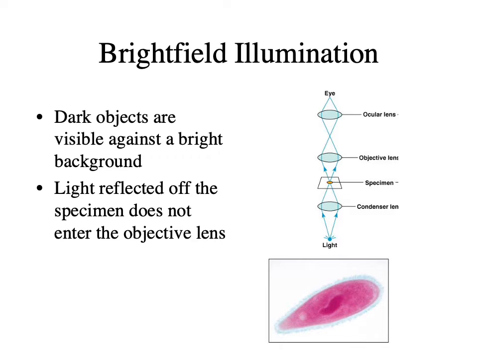If you look, your eye is above the ocular lens. You look through the ocular lens, which goes to the objective lens, which goes down to the specimen. And using Brightfield illumination, you can see that dark specimen against a white or bright field.